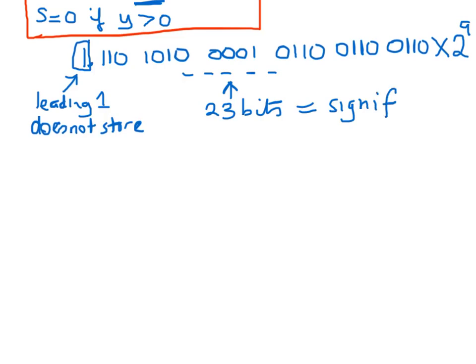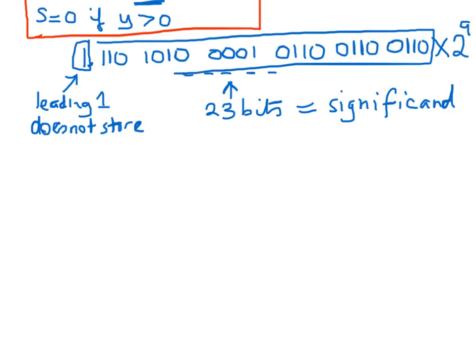So this is what the computer stores for the finer detail of this number. Let me put a box around that. So that whole part there is going to become our significand. Now to work out the exponent that we need, the exponent is going to be equal to this value up here.